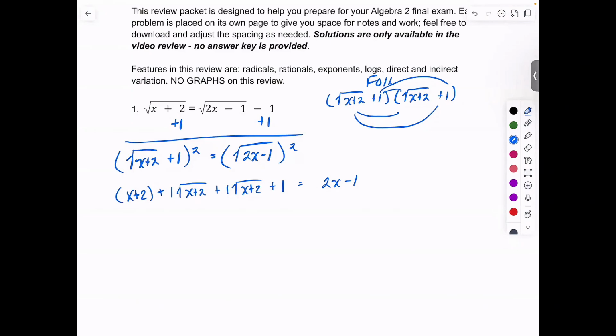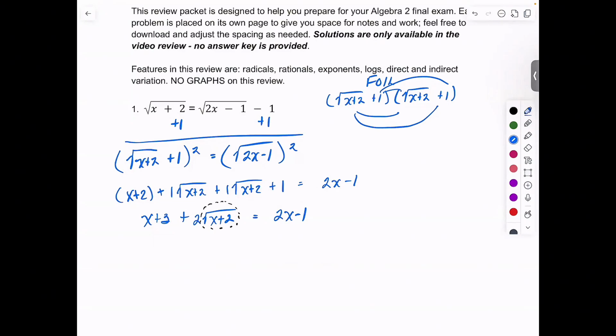So what we end up with on the left-hand side, I combine those two like terms. Now I need to do some further cleanup here. I need to clean up the left, and I need to isolate that square root again. My goal is to take this square root and have it be by itself again.